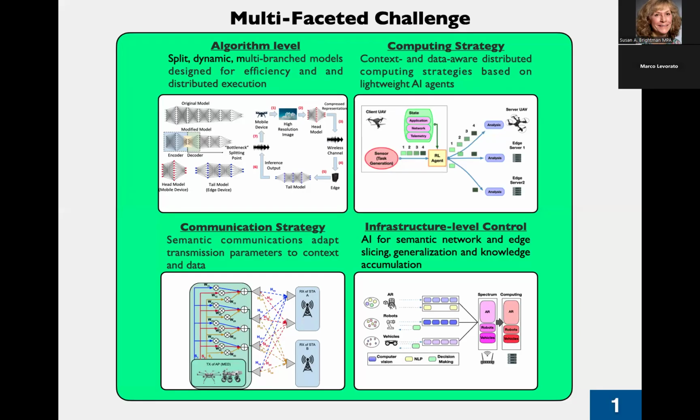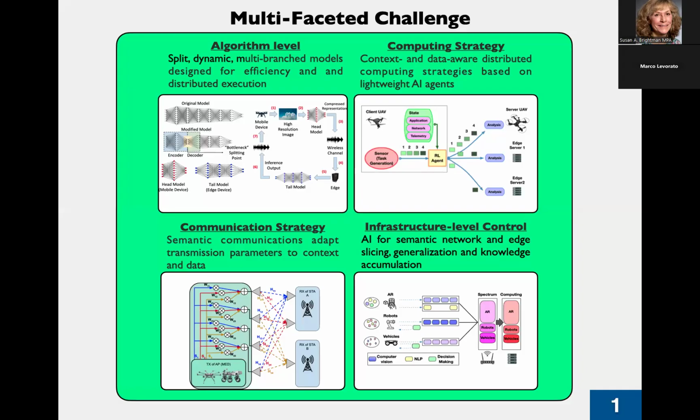Starting from the algorithms, they need to be optimized for operating in environments where you have very little computing power, very little communication capabilities. I'm going to explain what that means in an application.